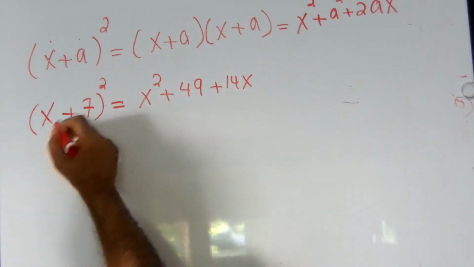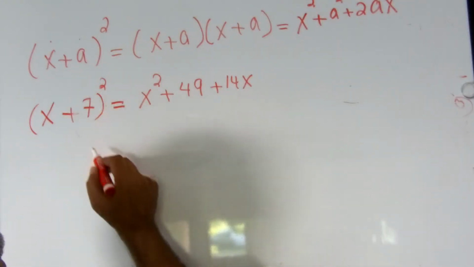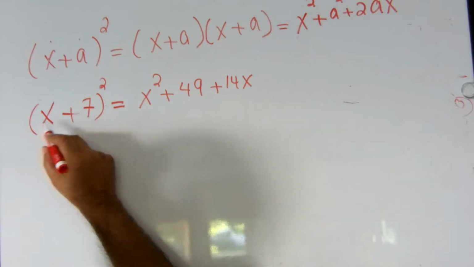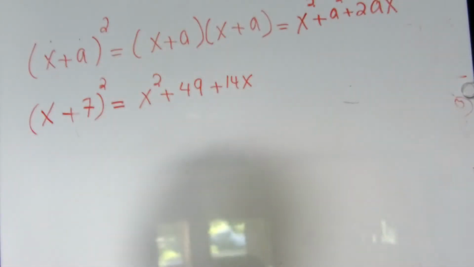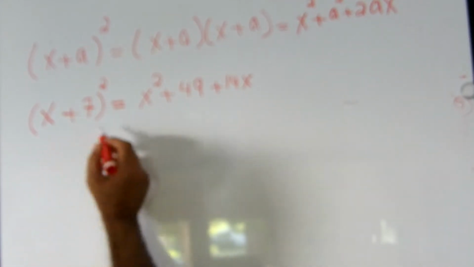So actually, the first one is squared and the second one is squared, and then 2 times this one times this one. This is the easiest way to find the answer for that. So every time you see something like this, you can write it this way.